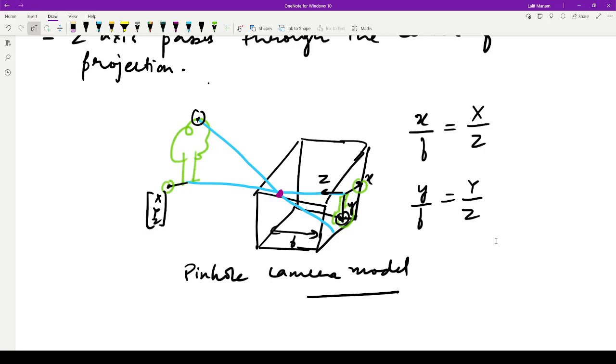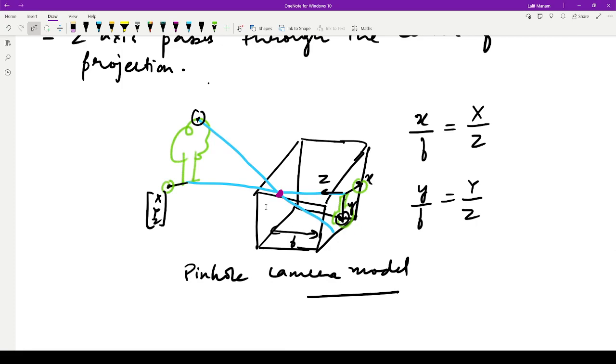Your aperture should be as small as possible to increase the sharpness of the image, but if you reduce the size of the pinhole, your brightness level will reduce, and you won't be able to see the image if the brightness is very low. So there is always a trade-off on the size of the aperture, or rather the size of the pinhole. And this specific thing is called the aperture.